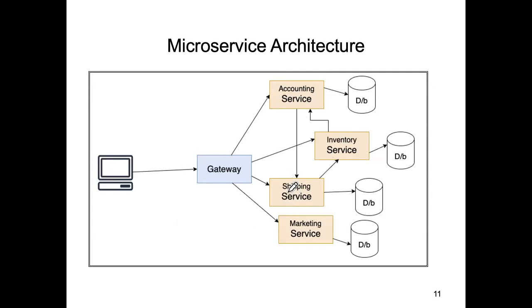So if you want to update this service, because they're written using different technology stacks, you can quite easily upgrade this service's underlying technology, like update the various packages, and it doesn't impact anything else. It can be done without having to concern yourself with the other services.